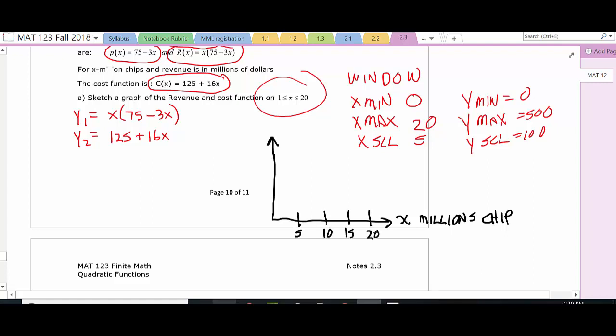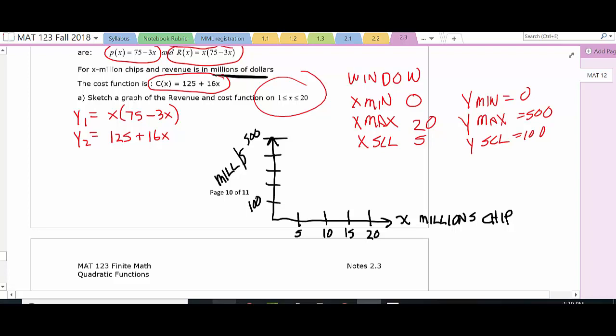Now the next thing is money. This is talking about millions of dollars. The problem will tell you that. And that's going up to 500. You don't have to label all those, but at least enough so I can tell what that scale is.